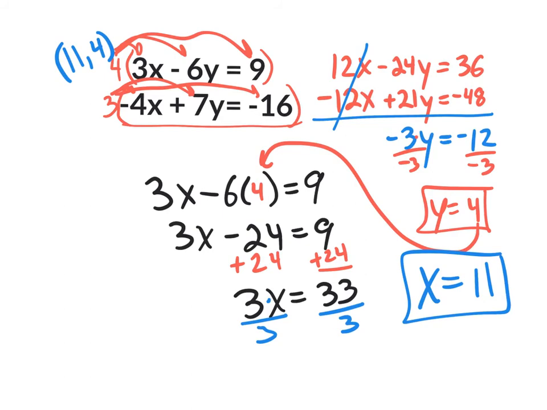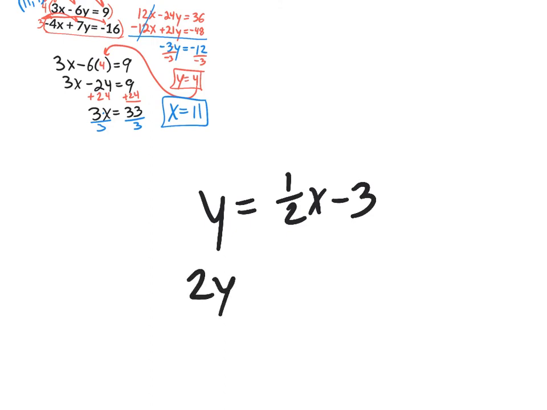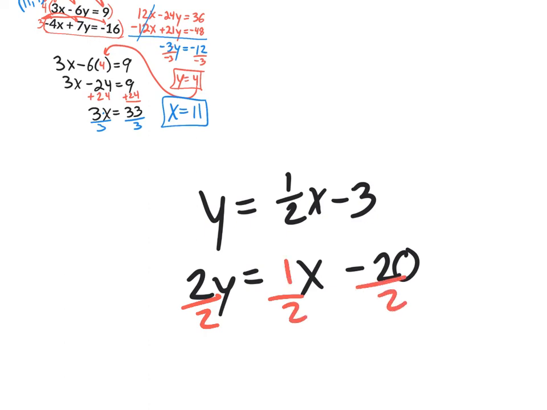Okay, unless, like if I had something like this, let's say I had a system like y equals 1/2 x minus 3, and let's say I had 2y equals x minus 20. Then right there I would choose graphing, because this is already in slope-intercept form, and if I modify the bottom one to get into slope-intercept form, I'll have a new equation on the bottom that reads y equals 1/2 x minus 10.